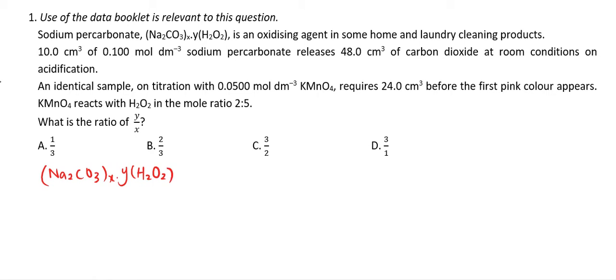Now, this first paragraph is the reaction between sodium percarbonate with acid. So can you see you add acid, then this sodium carbonate will react with the acid to give us carbon dioxide gas. Okay.